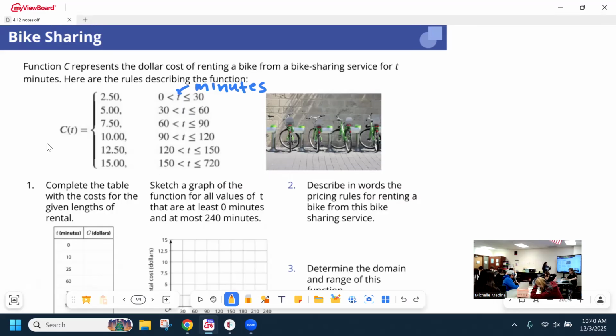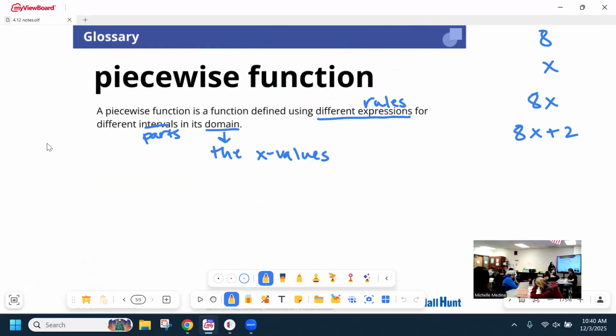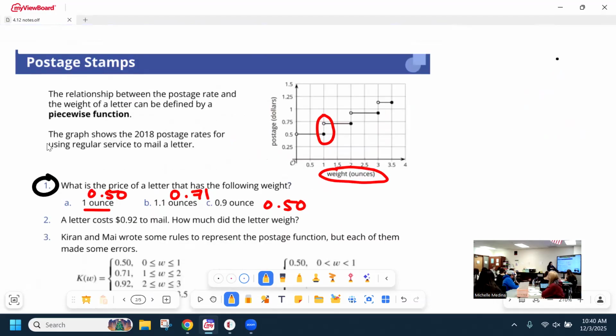And all it is, we talked about this yesterday, is something that uses different rules for different parts of the domain. So whatever the domain is, minutes, ounces, whatever, there are different rules for different parts of it. Like that warm up we did yesterday with the yogurt.